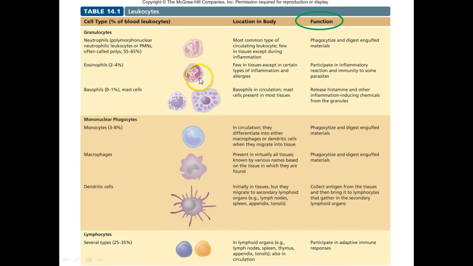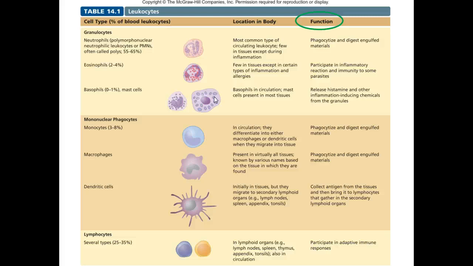Eosinophils, their granules get dyed with the dye called eosin that's in this dye mix. And so then they come out a reddish to orangish in color because of that dye. Basophils are basic staining, and they're blue or purple. All the nucleuses for these guys stain purple as well.